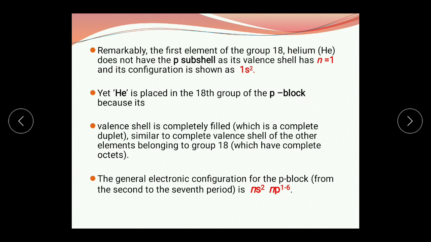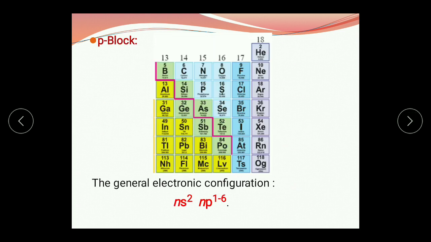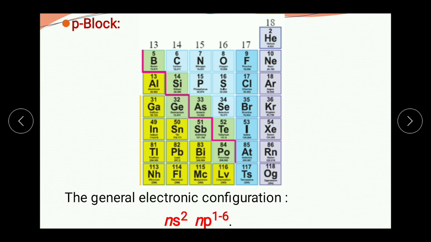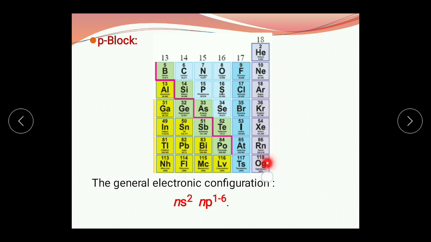Hence, the general electronic configuration of p block elements will be ns2, the nth shell with s complete, and p starts filling up from 1 to 6. Hence, the 13th group has ns2 np1 and the 18th group has ns2 np6. Generally it is written as ns2 np1 to 6.